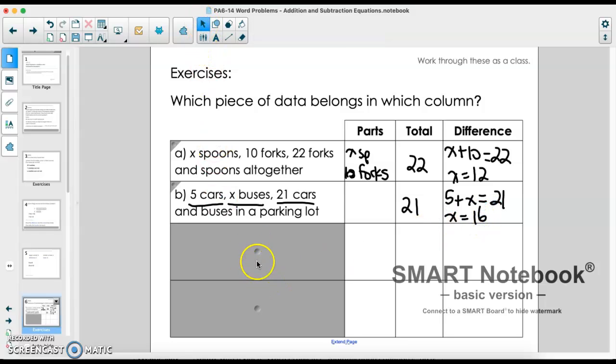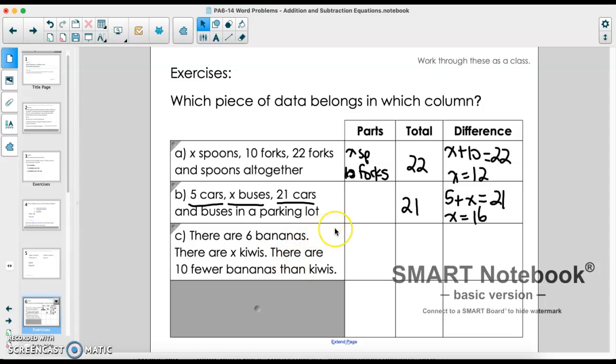And then over here, there are 6 bananas, there are X kiwis, there are 10 fewer bananas than kiwis. And so here's our parts. We have 6 bananas, we have X kiwis, and then we have 10 fewer bananas than kiwis. So there's actually more kiwis than bananas, right?